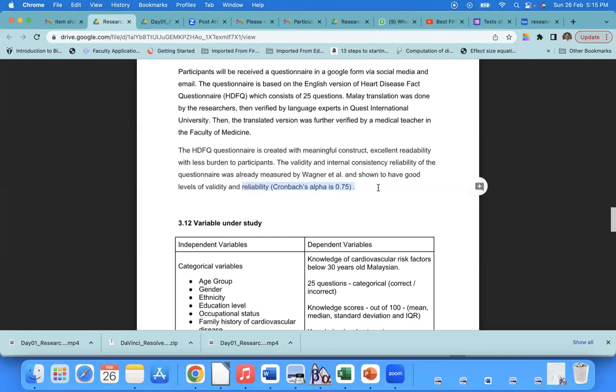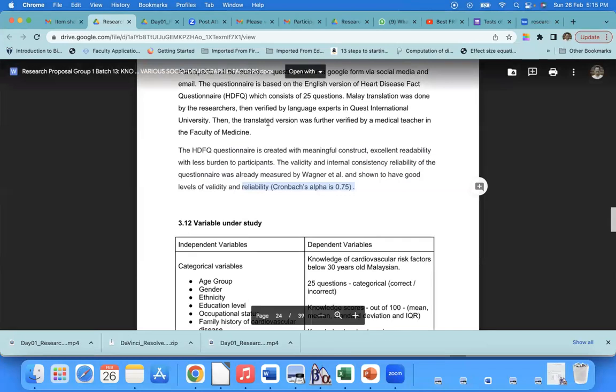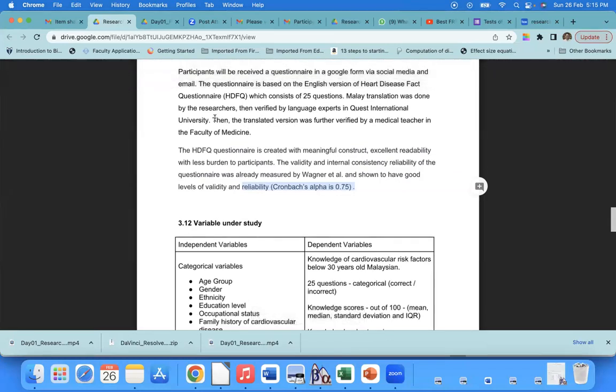Maybe peer review and face validity can be done. That is easier, right? Then for content validity, you can identify two or three subject experts from your university. We do this also, sir. At our level, faculty check the questionnaire and give their opinion.